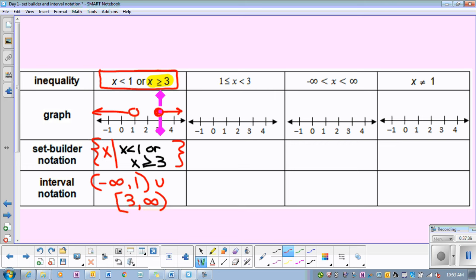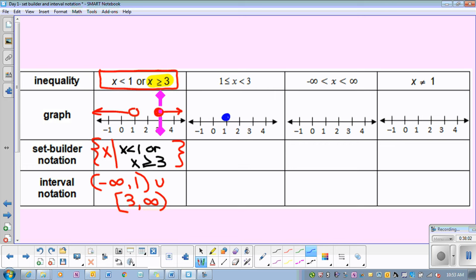So is the next one an and or an or? And, right? If you don't see the word or, then it's an and. Because it has the 2 numbers, the saying is between. So, let's graph this. 1, is it open circle or closed circle at the 1?